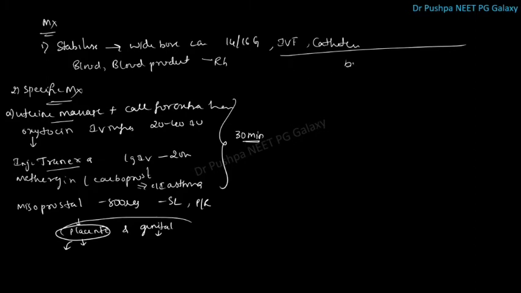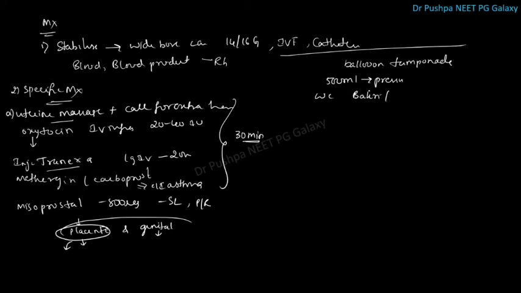That is balloon tamponade. By using the balloon, we will instill 500 ml of fluid. It will put pressure on the open venous sinuses so that bleeding will be stopped. We can use a Bakri or Sengstaken-Blakemore balloon also.